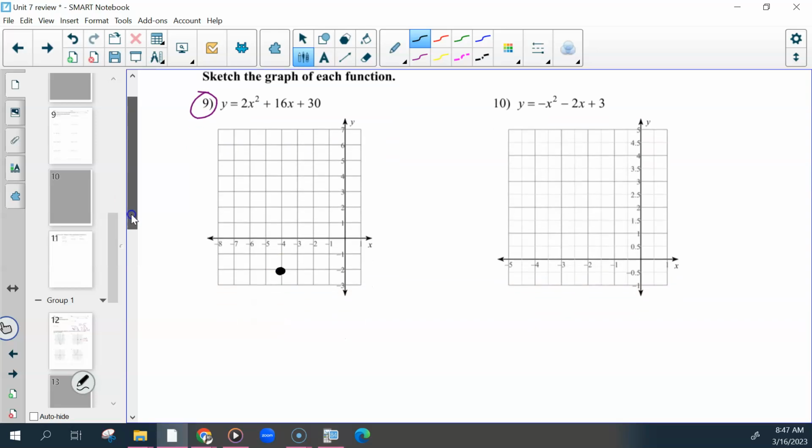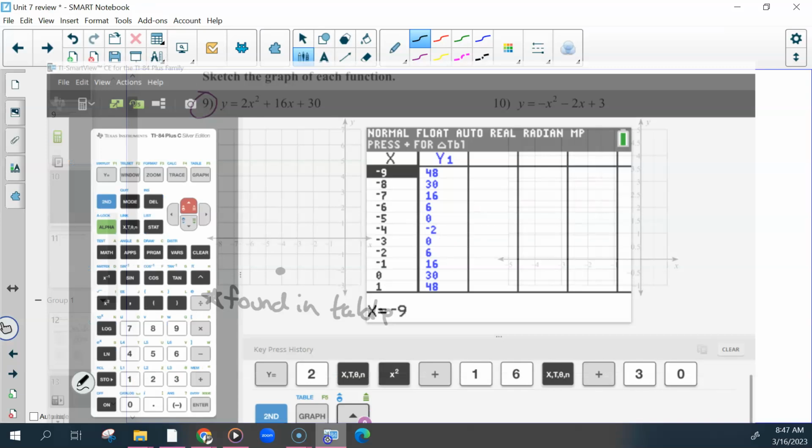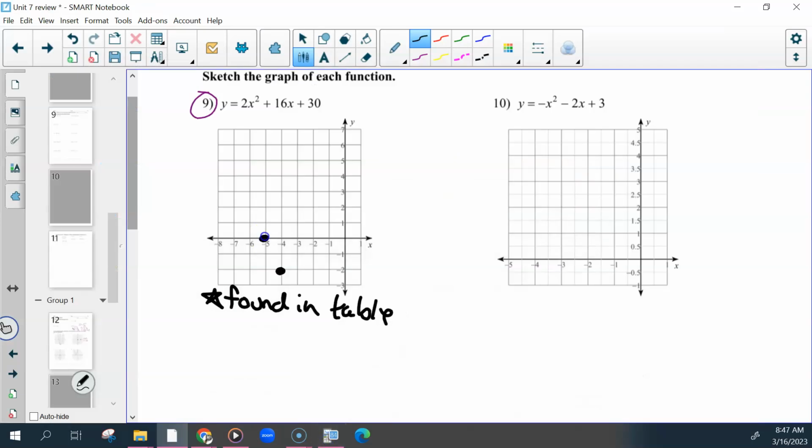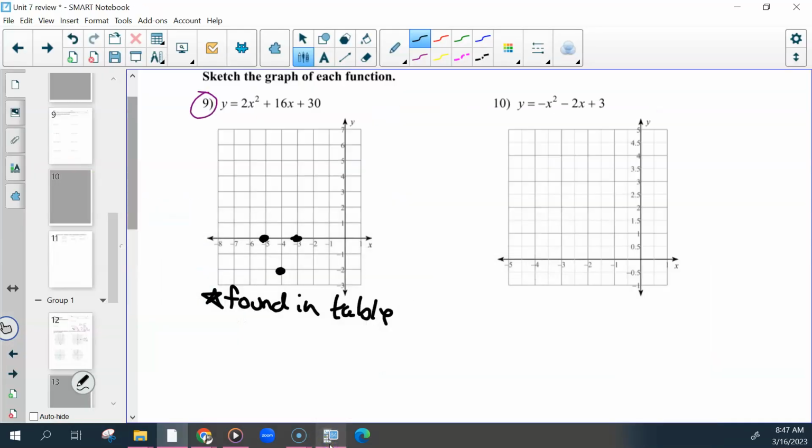So my work would be found in table. And then I would use the table to plot the rest of my points. So I can keep going out. -5, 0, -3, 0. -6, 6, and -2, 6. I don't see it in that. Let me make sure I put mine in right first.